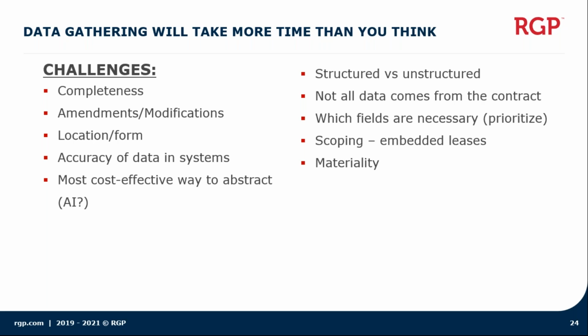Some other things to consider are scoping and materiality. A lot of organizations begin the adoption process by trying to go out and gather all their leases. The one downfall in that activity is that you may be gathering information you don't need.